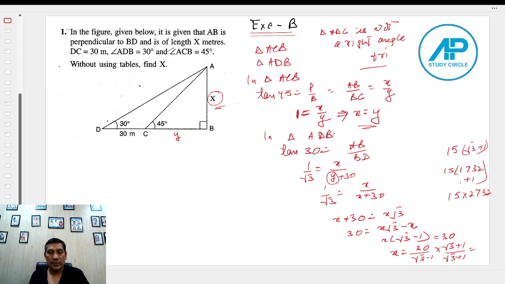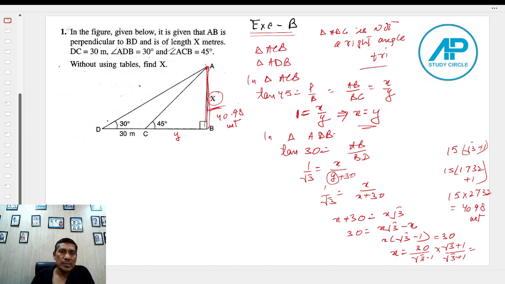Now that gives me the value as 40.98. Value of x is 40.98 here in this question.